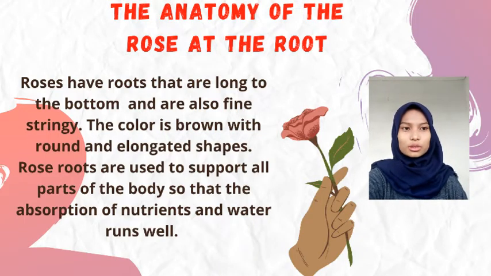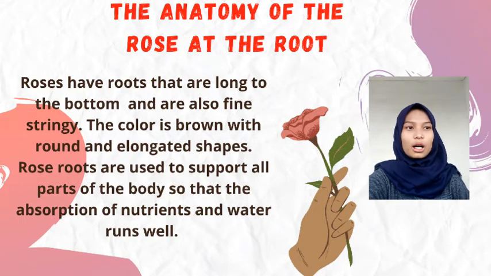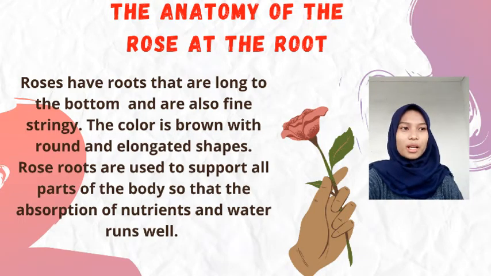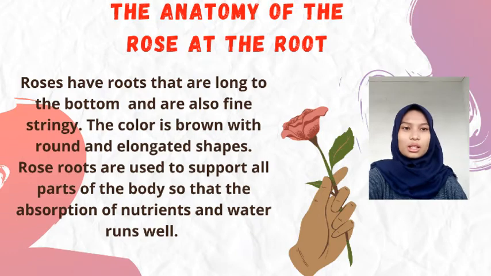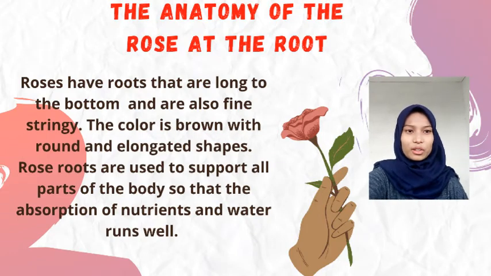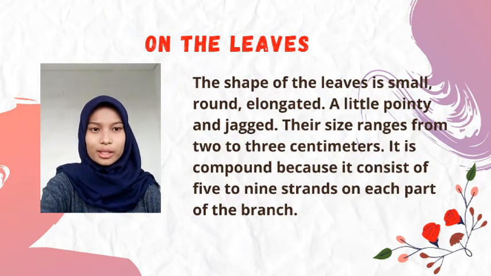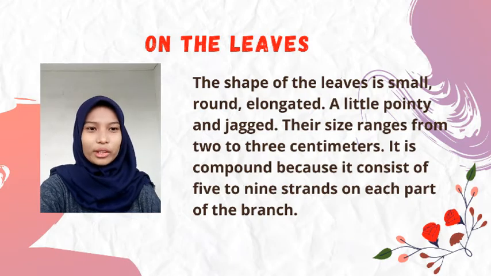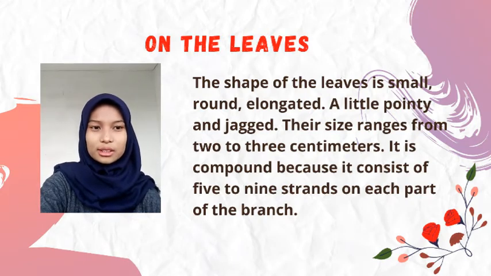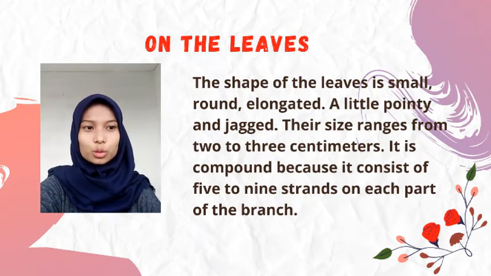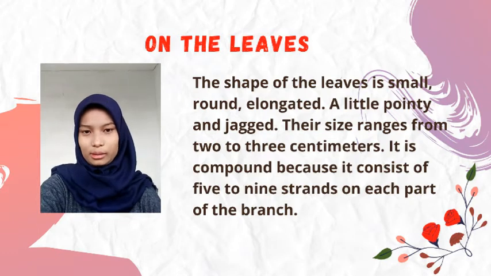Rose roots are used to support all parts of the body so that the absorption of nutrients and water runs well. On the leaves, the shape of the leaves is small, round, elongate, a little pointy and jagged. Their size ranges from 2 to 3 centimeters.